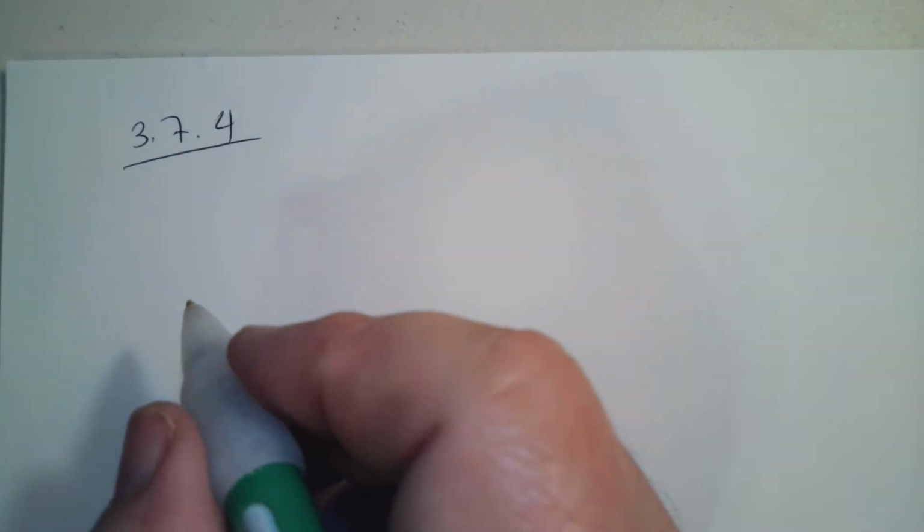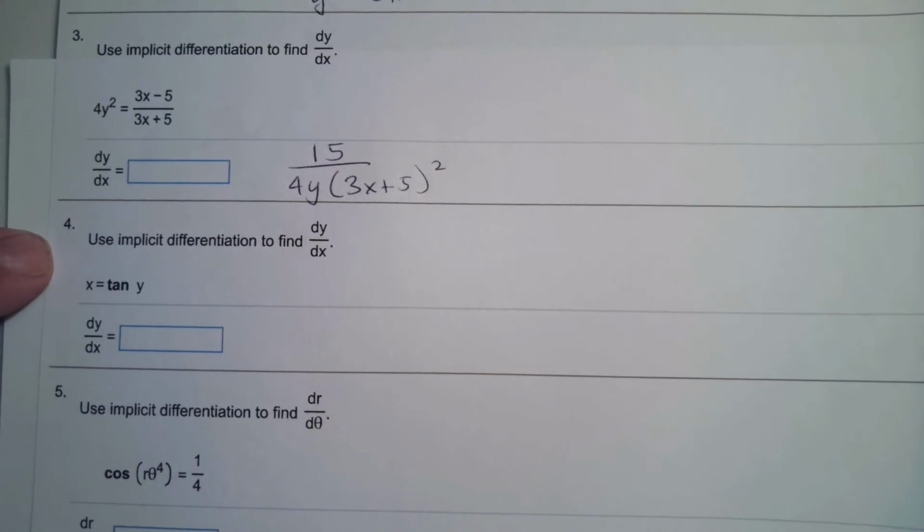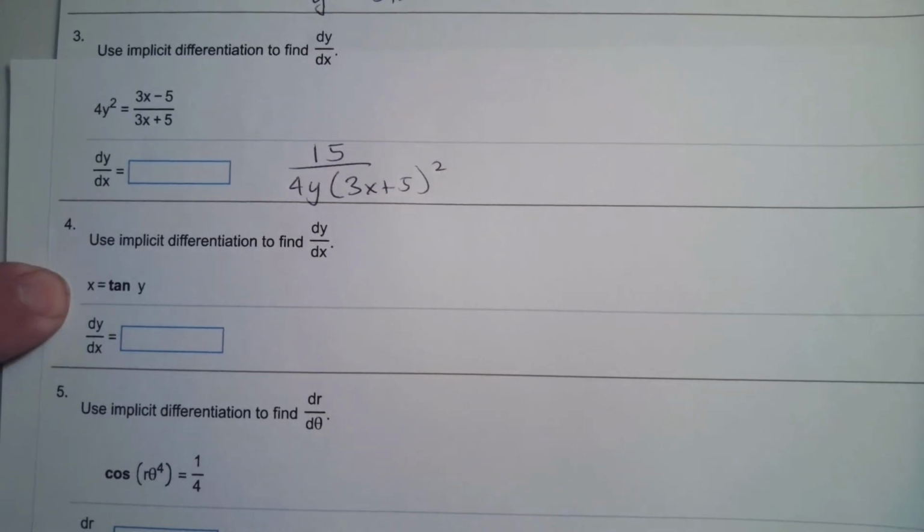All right, number 4. Question number 4. This one says use implicit differentiation x equals tangent y.